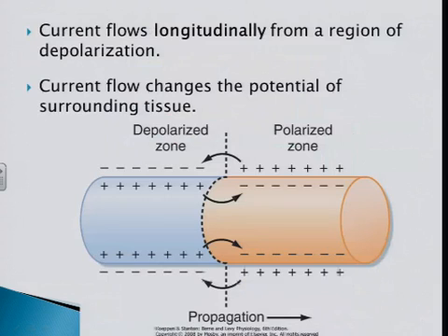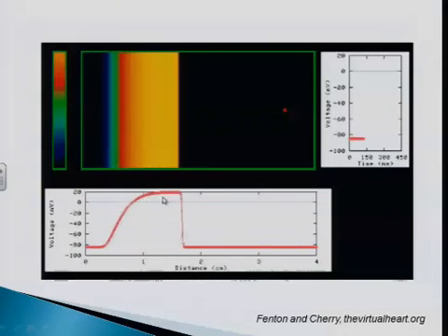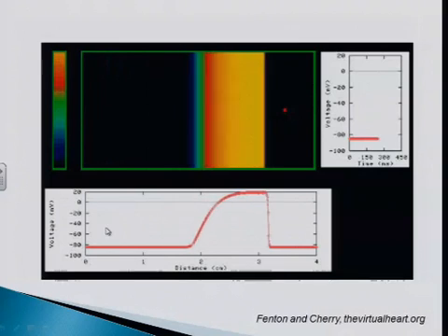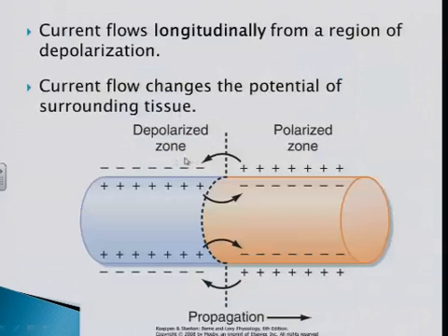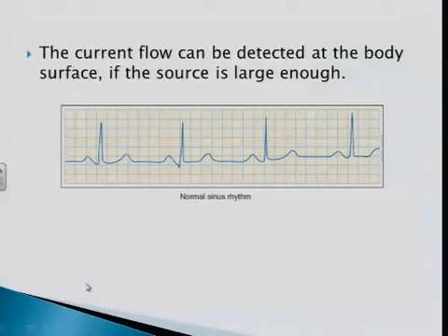Now, one of the things we've talked about is this current flow here. This is generating current flow in time and also in space. And we talked about how these loops can go way, way out into the tissue. In fact, they can go very, very far out into the tissue because your blood and your extracellular solution is all salt water.